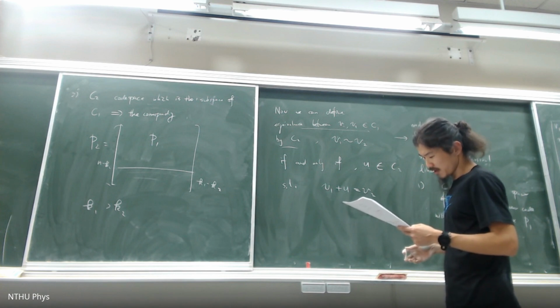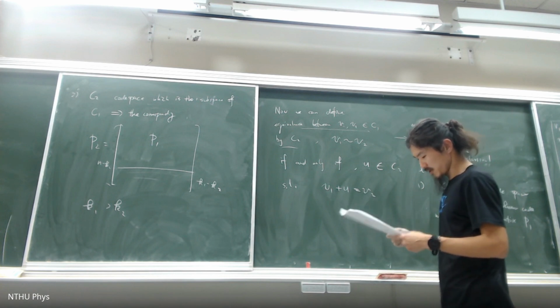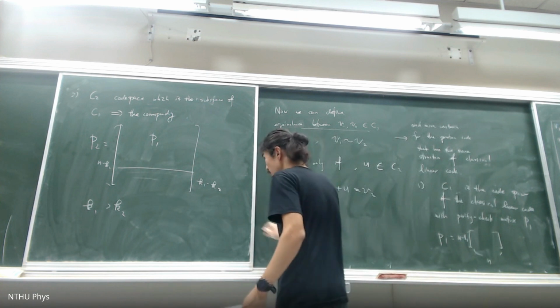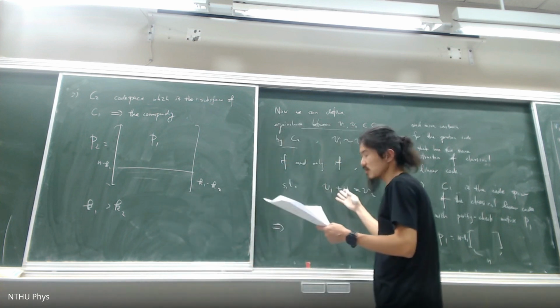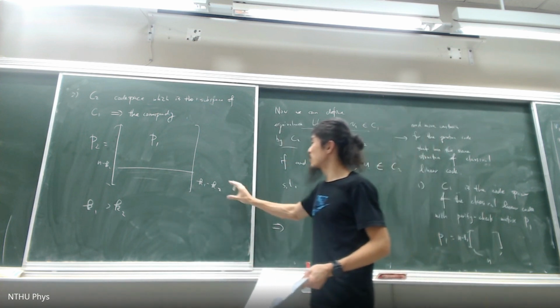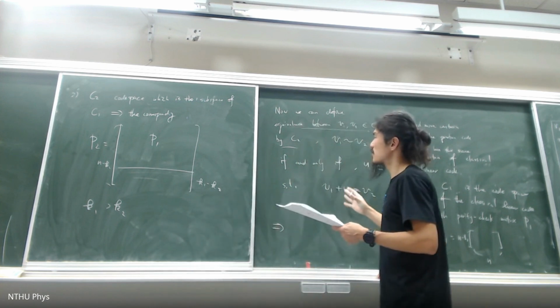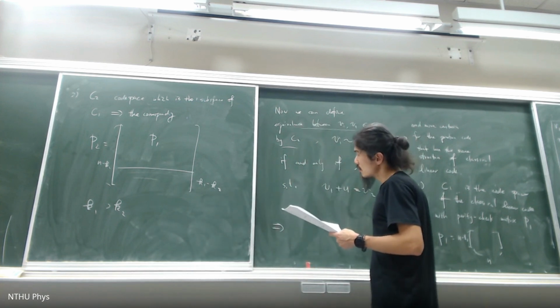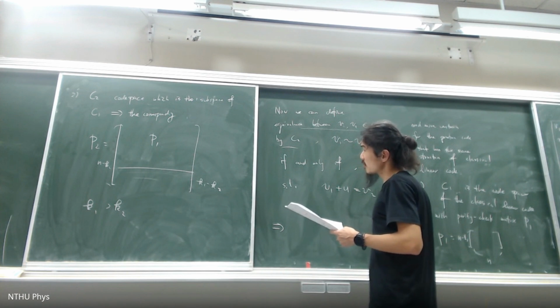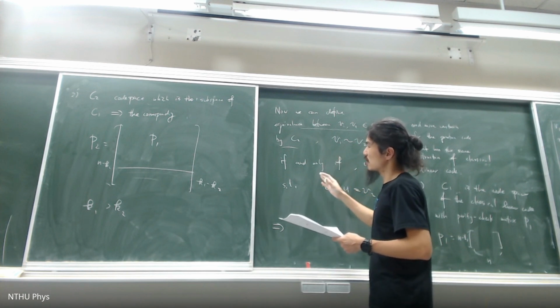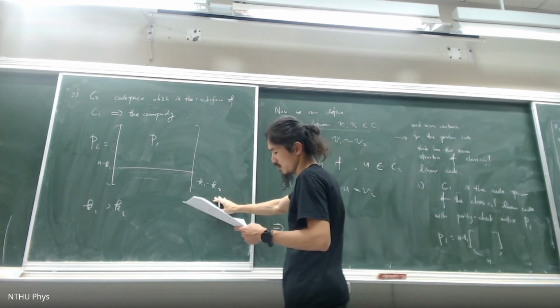So anyway, as a result of this construction, the remaining equivalence classes of vectors, or code words, will number k1 minus k2.